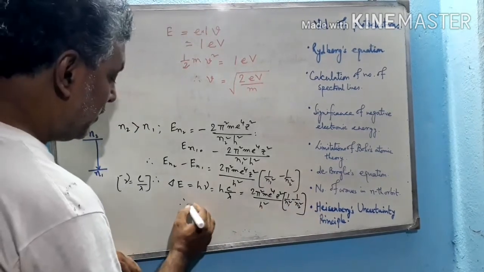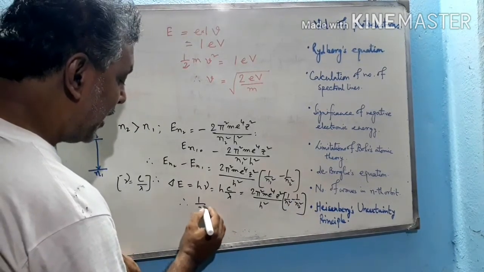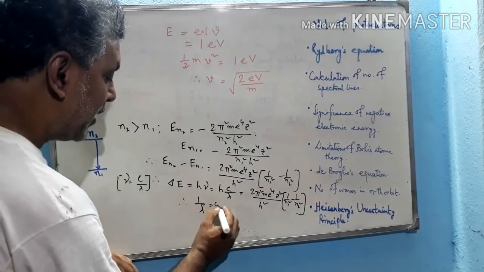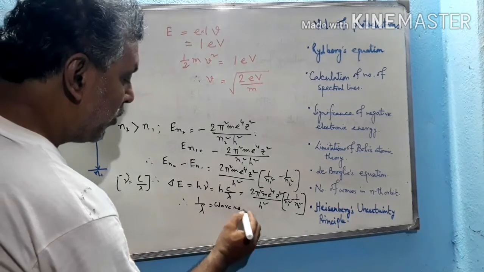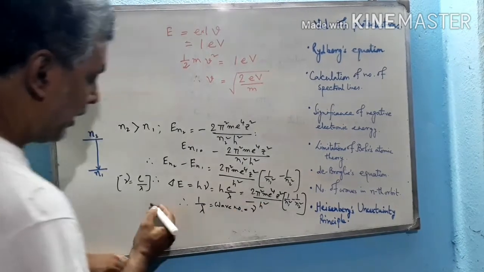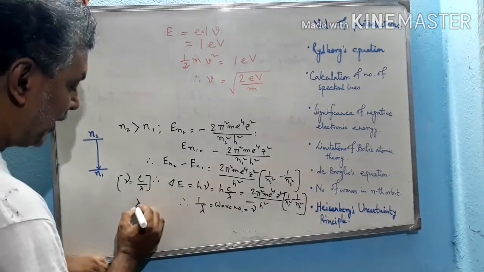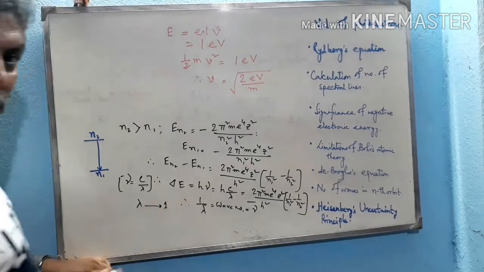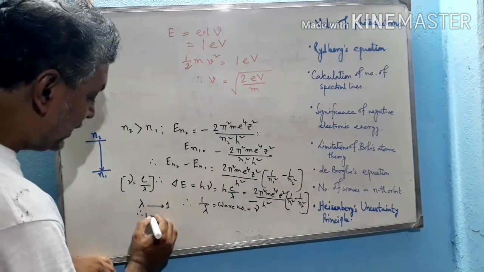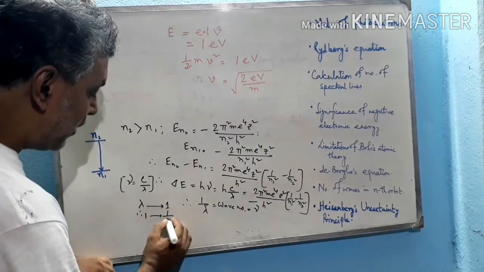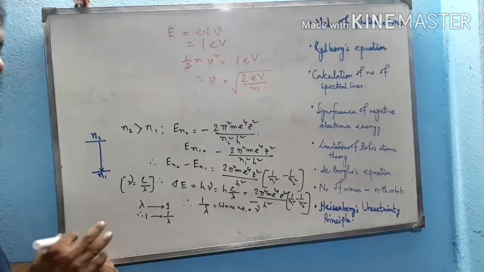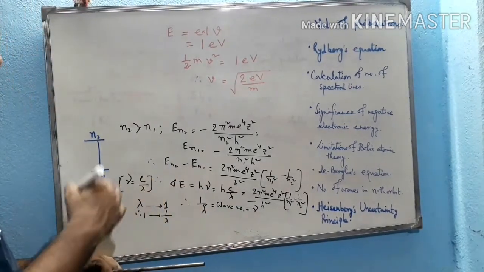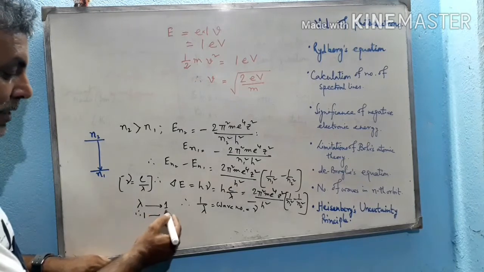Now, from this we can calculate 1 by lambda, which is nothing but the wave number. Wave number is denoted by nu bar. How can we calculate it? We know that when it covers a distance lambda, it produces only one wave. So in unit distance, it produces 1 by lambda waves.